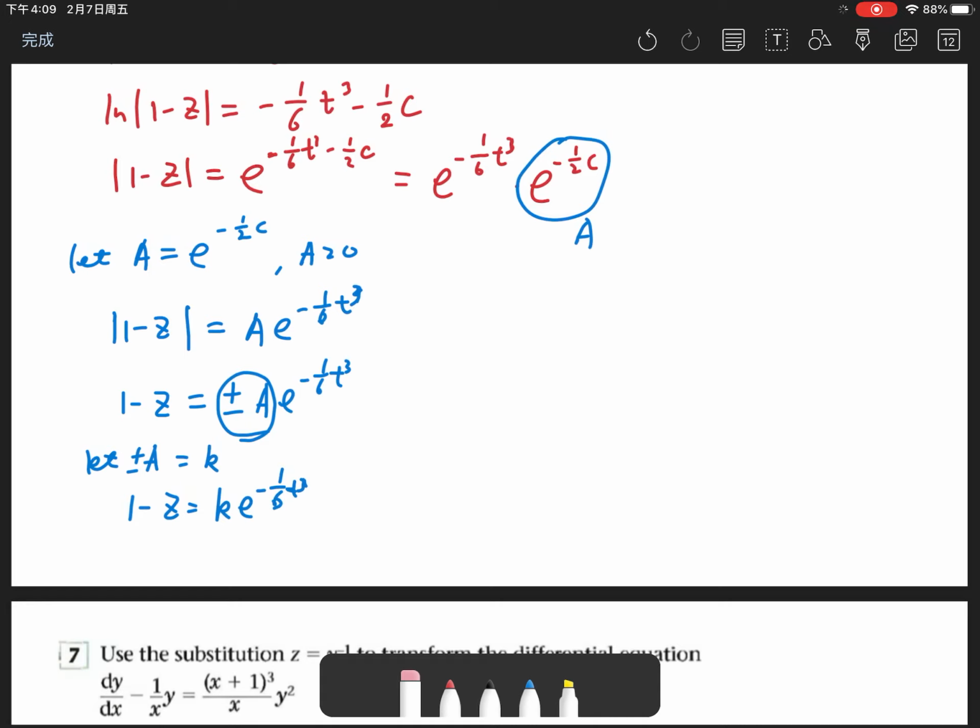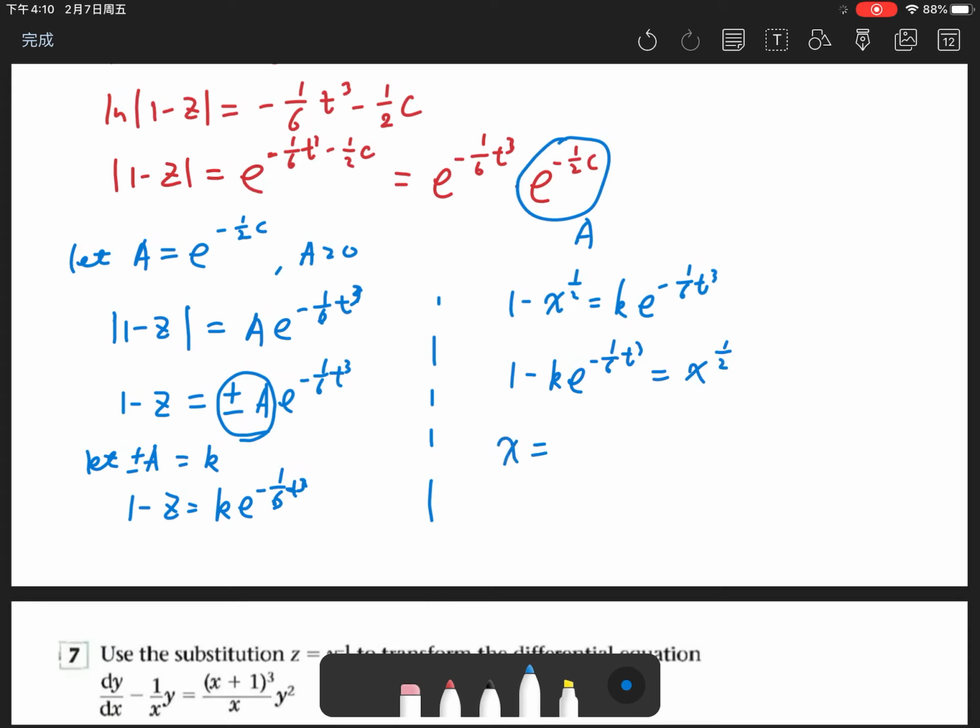And finally we replace z in terms of x, so x to the power of 1 over 2 equals 1 minus k times e to the power of negative 1 over 6 t to the power of 3.